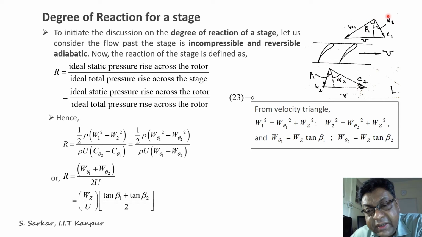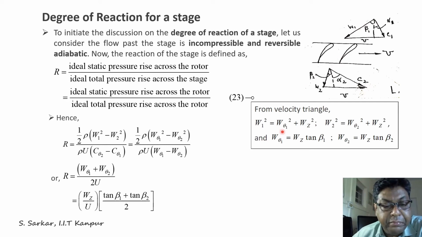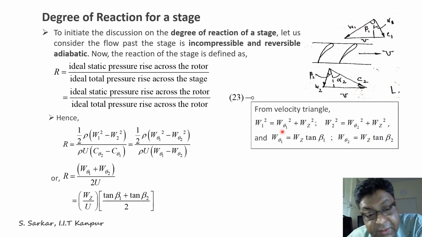Now if we consider a streamline that is passing through the central plane between the two neighboring blades, then the ideal static pressure rise across the rotor can be stated as half rho (W1 square minus W2 square).